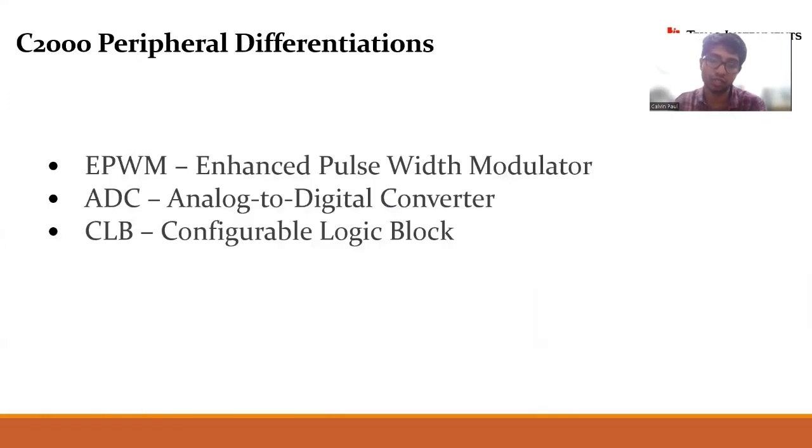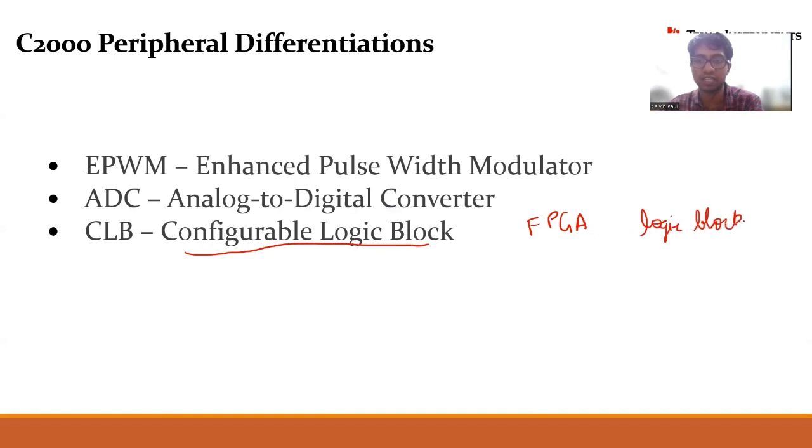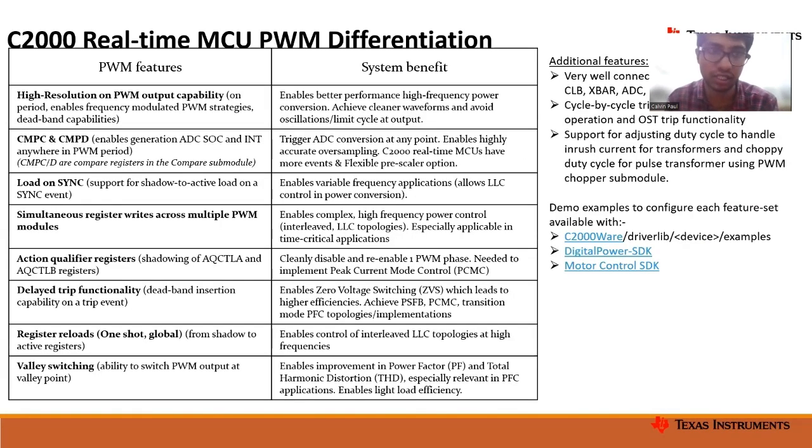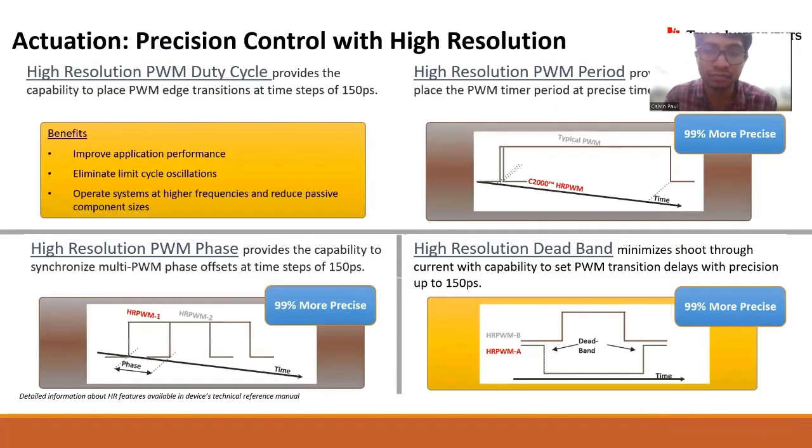A pulse width modulator is there, an ADC block is there, and a configurable logic block is also available, which is similar to how an FPGA, as we said in the first lecture, is made up of a lot of configurable logic blocks which can be interconnected. Similarly, in certain TI microcontrollers, this functionality is there. Now the various features of the PWM for this TI microcontroller, which you could look into.